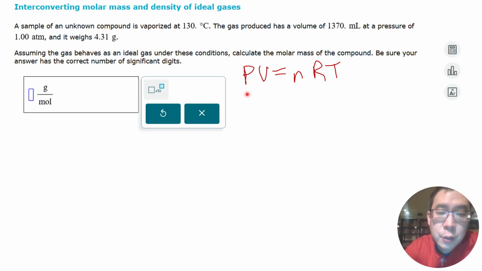P is pressure, V is volume, N is the number of moles, R is the gas constant, and T is the temperature.